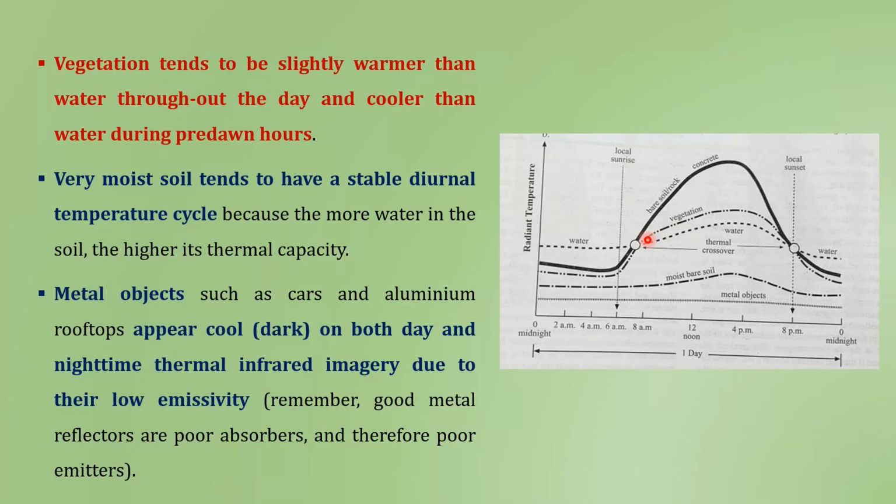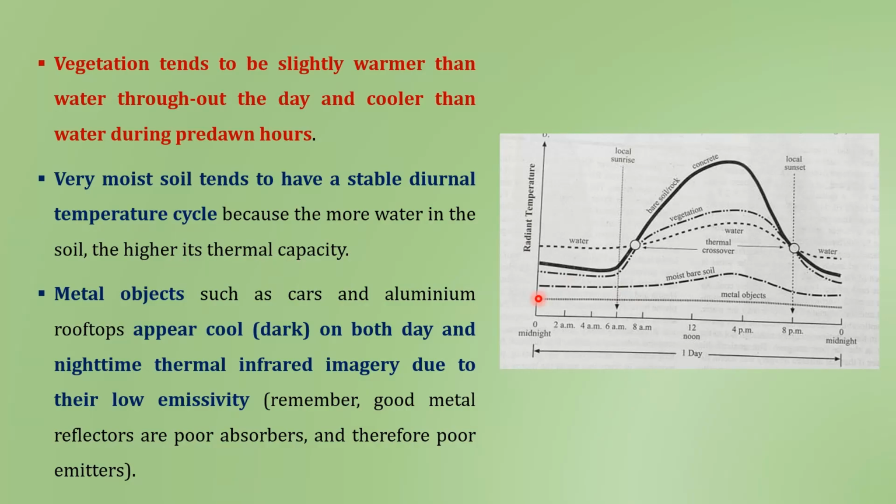Vegetation tends to be slightly warmer than water throughout the day, and it is cooler than water during the pre-dawn hours. Very moist soil also tends to have a stable diurnal temperature cycle because the more water in the soil, the higher its thermal capacity.